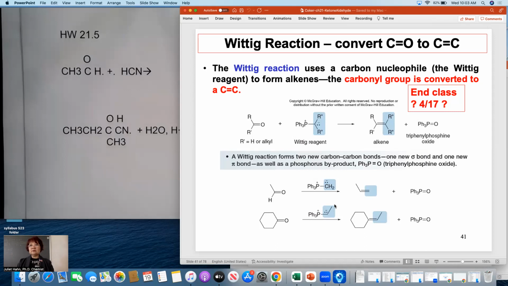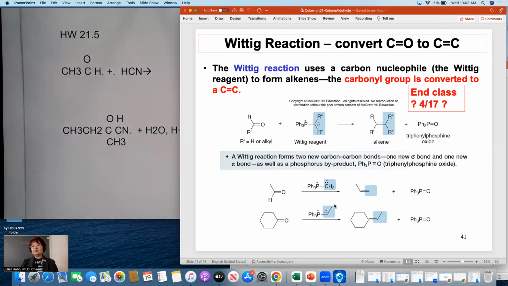If I had to do the mechanism, it would be a good bunch of steps, so we'll just not worry about it. But it's basically a nucleophilic addition mechanism, except it involves the oxygen of the carbonyl dropping off, rather than the nucleophile that was originally there dropping off. But we won't worry about the mechanism.